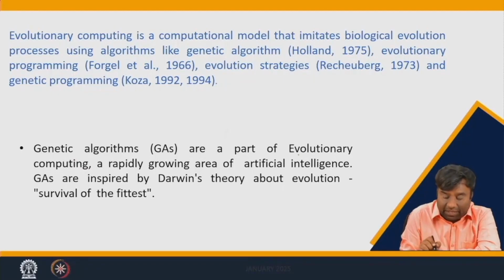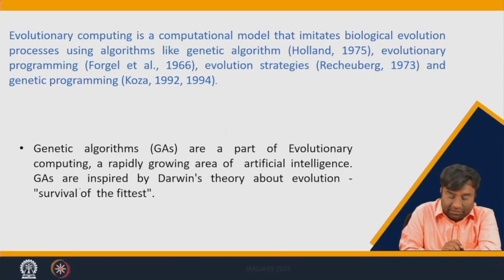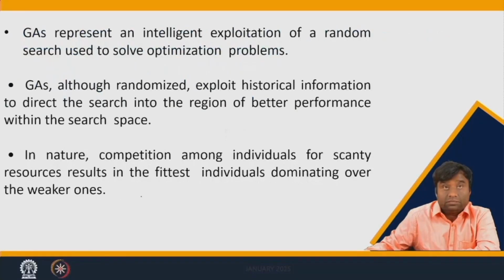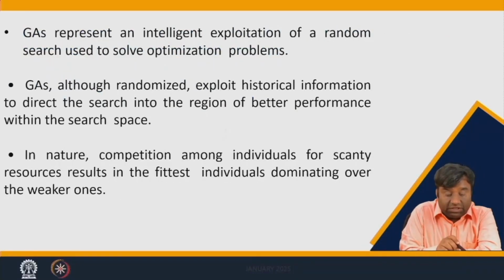Genetic algorithms are part of evolutionary computing, a rapidly growing area of artificial intelligence. GAs are inspired by Darwin's theory about evolution, that is, the survival of the fittest. Genetic algorithms represent an intelligent exploitation of a random search used to solve optimization problems.